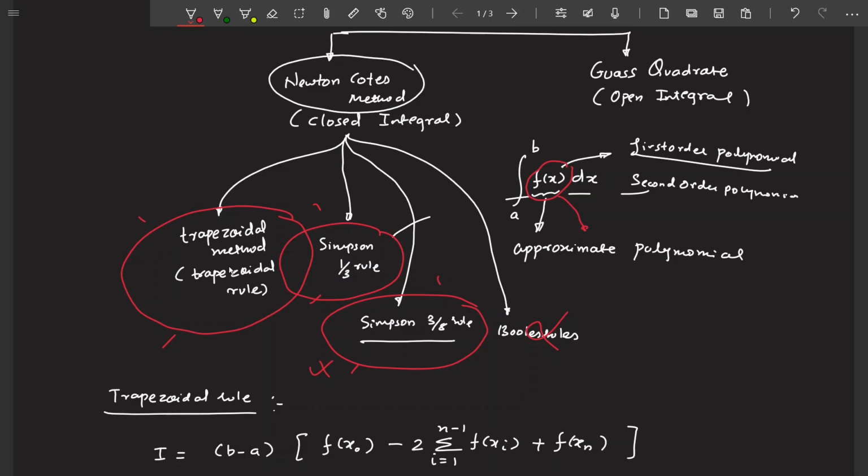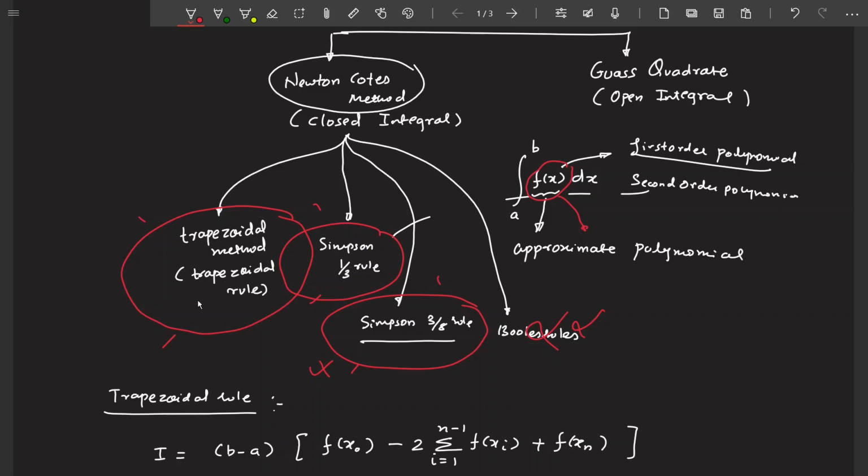Obviously Boole's rule is going to be more accurate than Simpson's rule, but we are not going to discuss Boole's rule. So yes, Simpson 3/8 rule is going to be much more accurate as compared to the trapezoidal rule and Simpson's 1/3 rule. Okay.